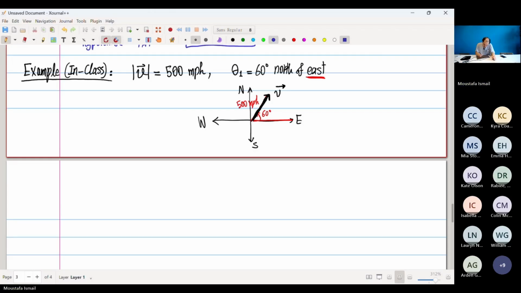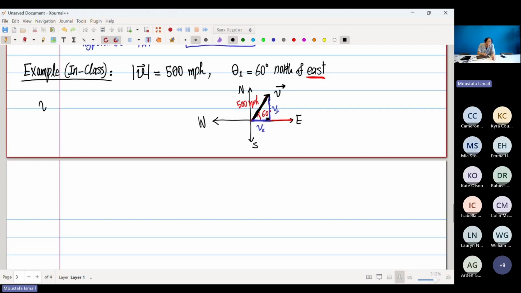So you can draw the triangle as usual. This would be the X component, and this would be the Y component. We know the hypotenuse and we know the angle measured from the x-axis.